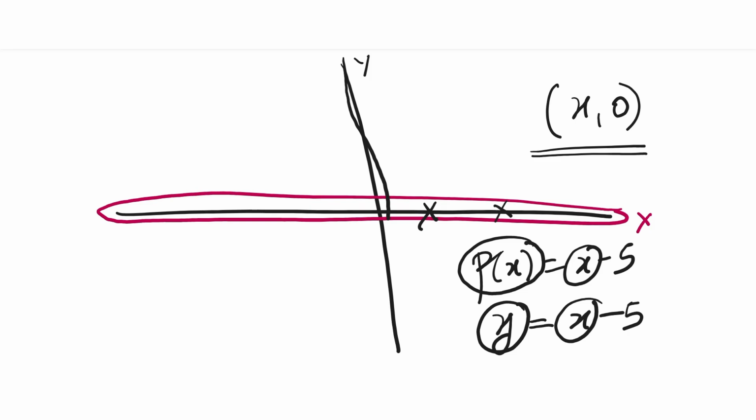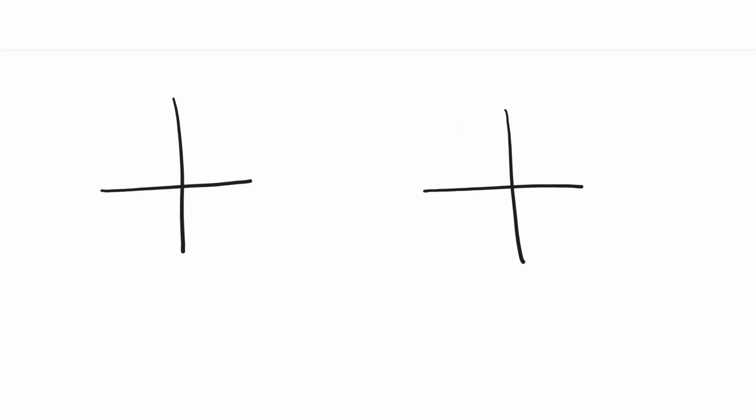Let's take a few more examples and understand visually how you recognize zeros of a polynomial. In the first graph, if you can see, there are 2 points at which the line or your equation is intersecting the x-axis.